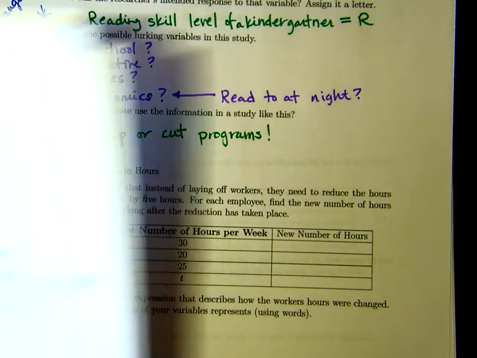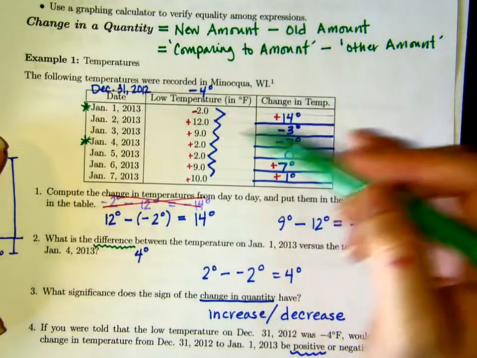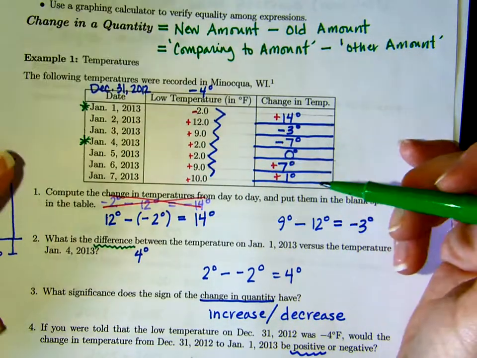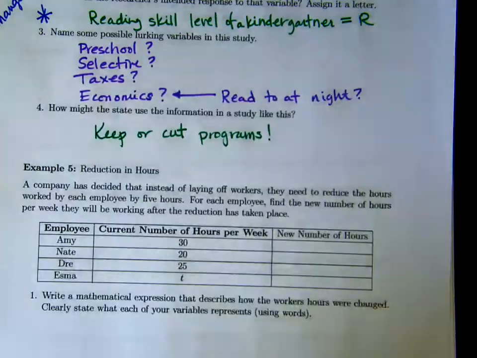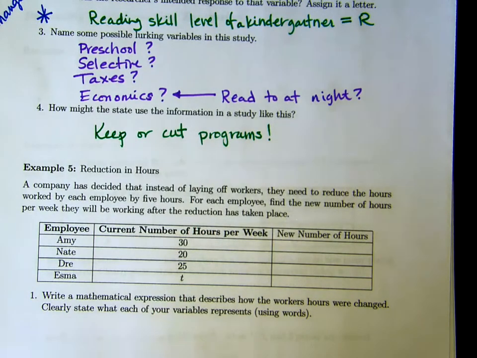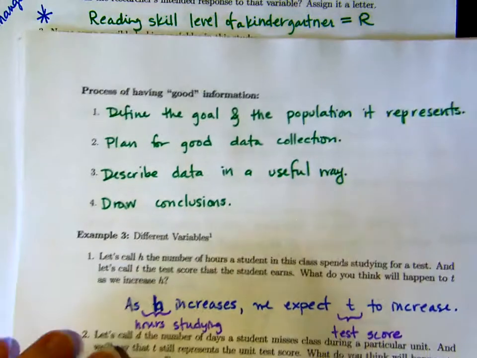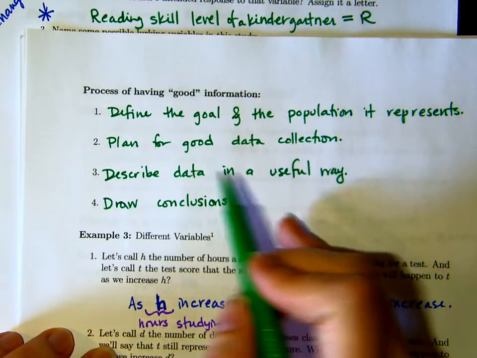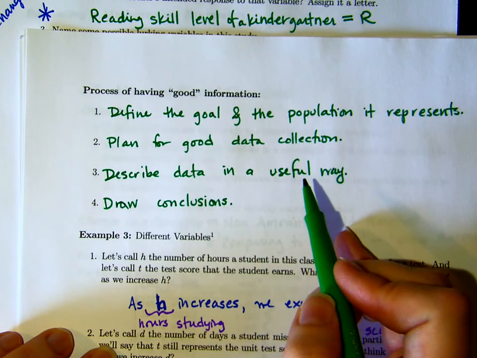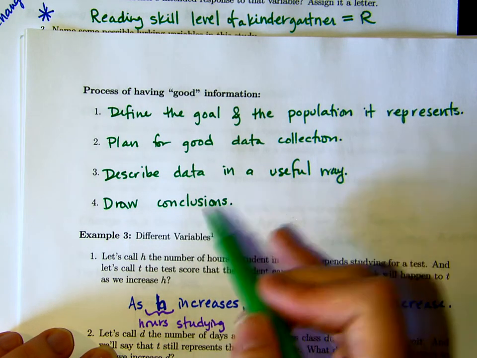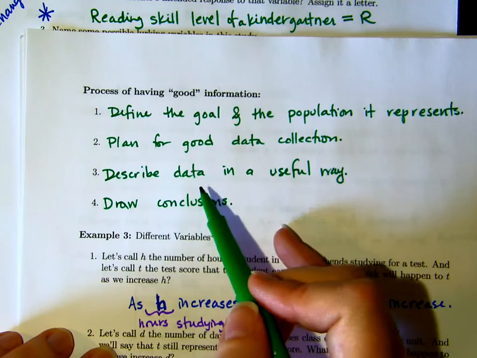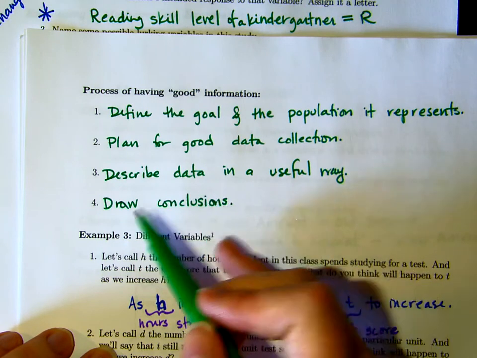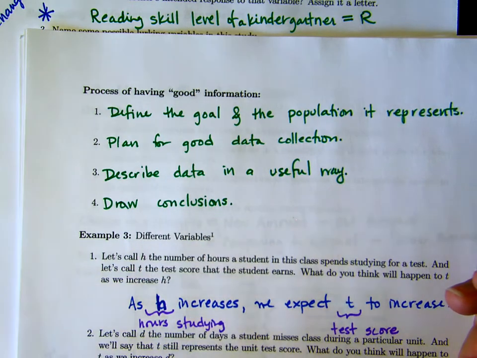We talked about signs making a big difference, and instead of only including words, maybe what we could do, as we are making good decisions, we collect data and we describe it in a useful way. And now we're starting to describe it in both meaning and variables, and then we draw conclusions from these things.